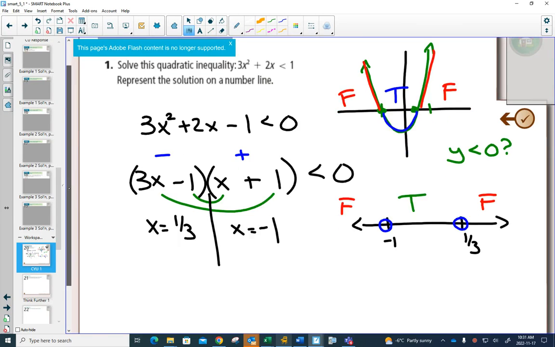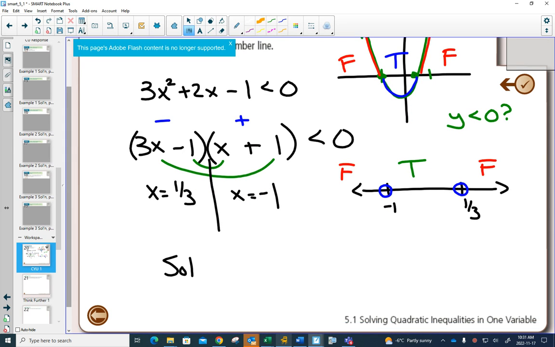So the last thing we need to do is to write our solution. We know the solution is true between -1 and 1/3. We have two ways that we're allowed to write our solution. There is something called set notation.